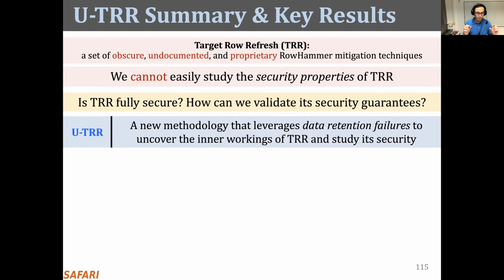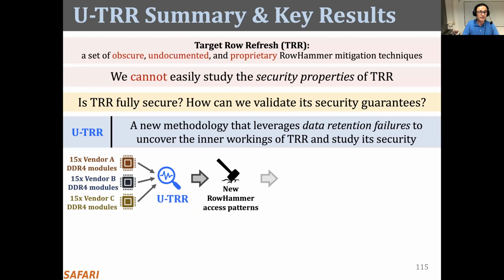Basically, we reverse engineer which rows have what retention times, and we reverse engineer the chips and the mechanisms enough so that we figure out whether a refresh is performed due to a periodic refresh induced by the memory controller, or whether a refresh to a row is performed due to an internal DRAM refresh to overcome RowHammer. Because existing DRAM chips do internal refreshes called TRR, target row refresh, to overcome RowHammer. These are not exposed normally, but we figured out a way to actually distinguish between which refreshes are internal and which refreshes are external, induced by the memory controller.